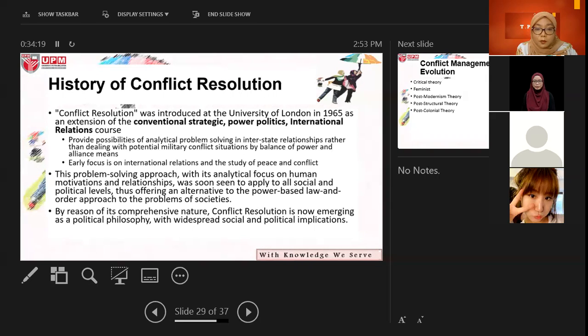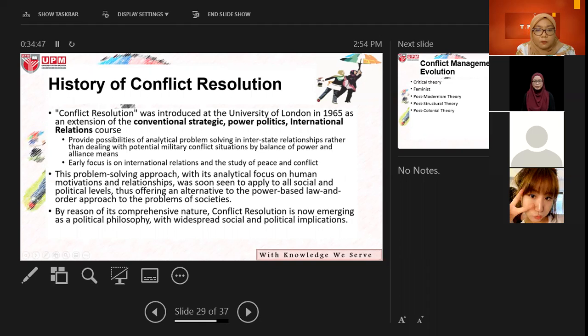And then this problem solving approach, maksudnya the conflict resolution is quite similar with the problem solving approach actually, but this is more on sociological approach, okay. With its analytical focus on human motivations and relationships, was soon seen to apply to all social and political levels, thus offering an alternative to the power-based law and order approach to the problems of societies.